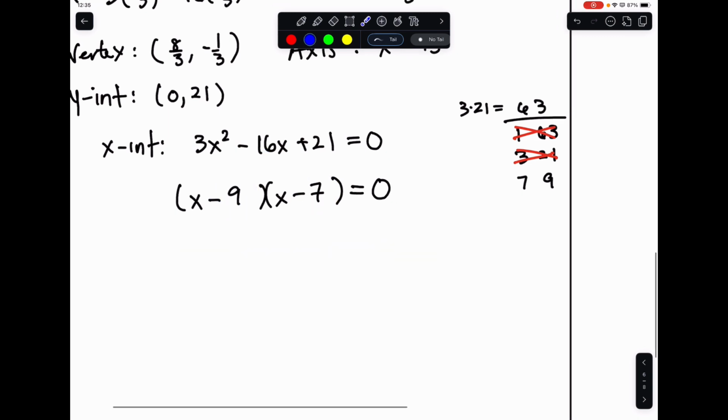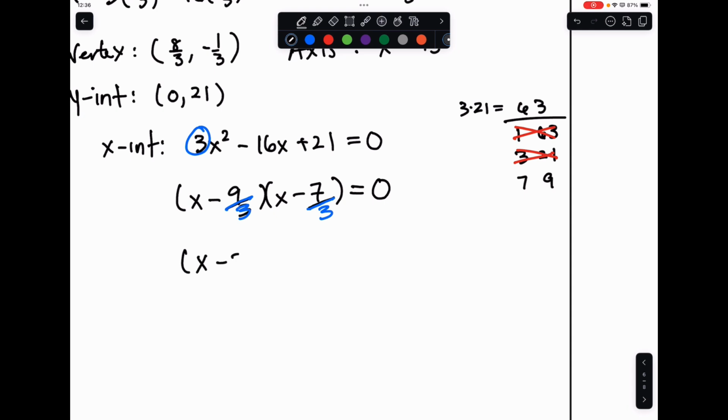Now, because we multiplied the 21 by 3 to get that 63, we have to undo that. So we're going to divide both of these numbers by 3. And we have the following factors: x minus 3 and x minus 7 over 3, since this doesn't divide out to a whole number, and the decimal would be messy, so I'm going to leave it as a fraction.